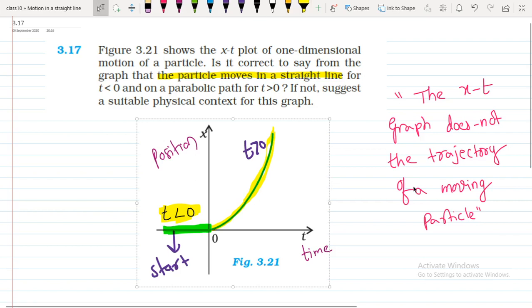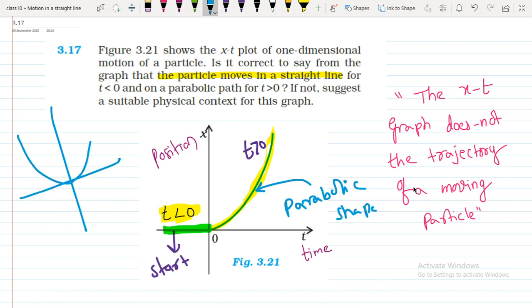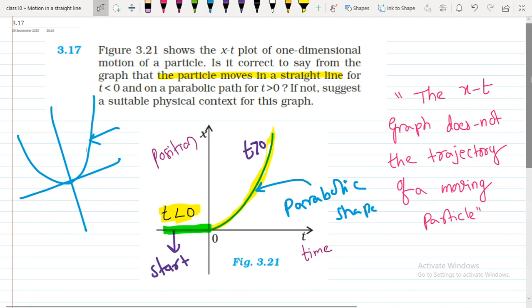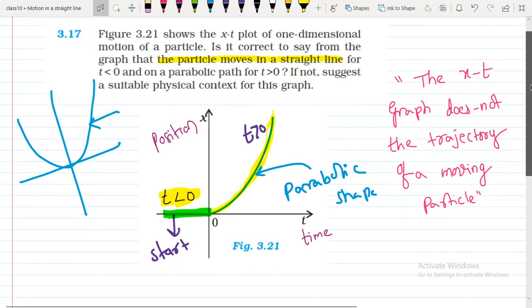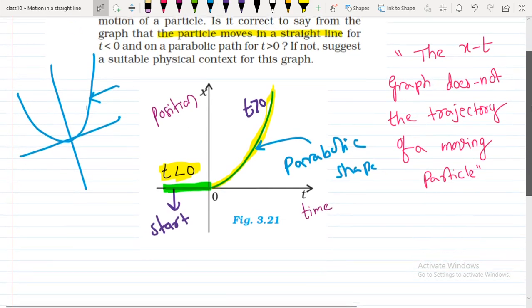So for t less than 0 it's a straight line, and this particular portion is called a parabolic shape. Originally, mathematically, the parabola looks like this. So this entire curve is known as a parabola, and this is a part of it. Now if the particle does not move in a straight line, then what does this graph represent?